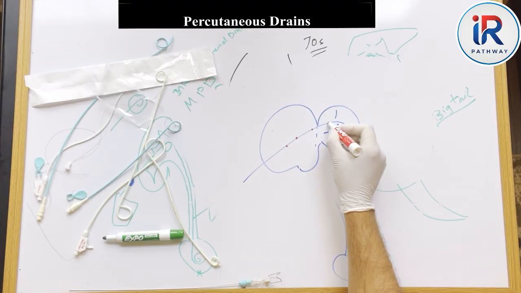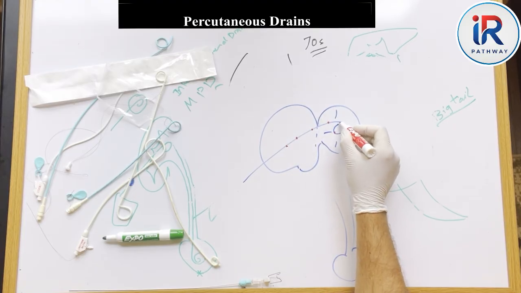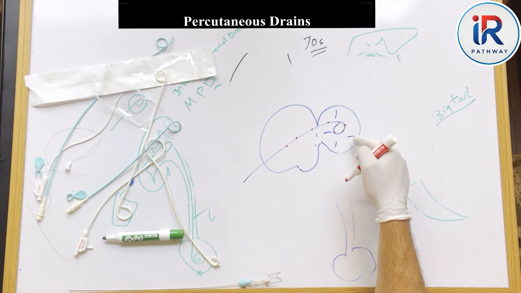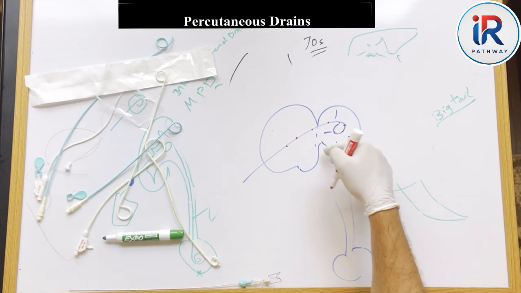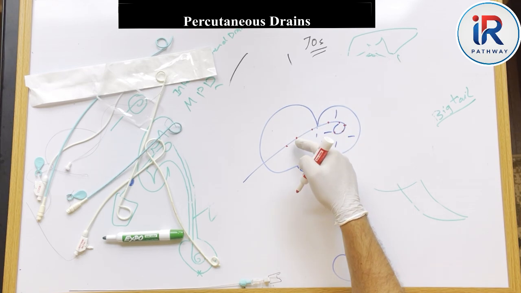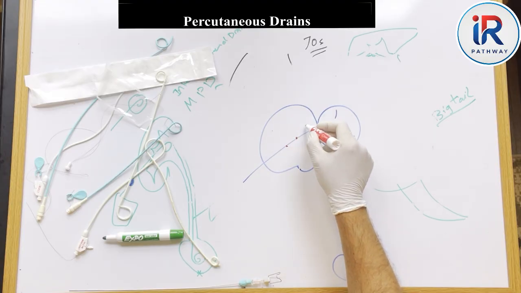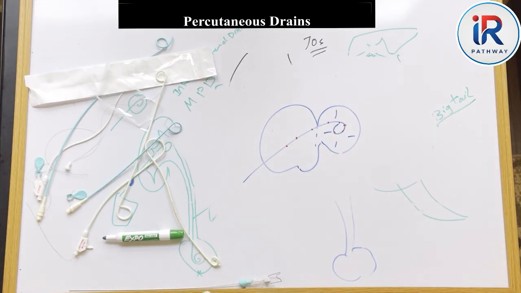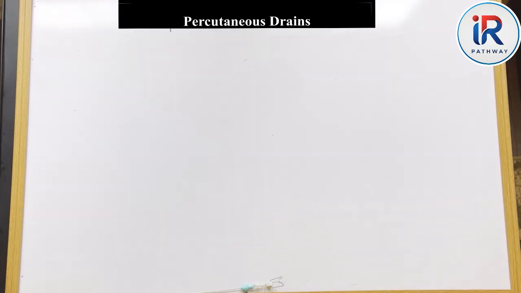And so the original holes drain the main cavity here, and the added holes help us with larger collections and can drain more collections at the same time. This is what we call the modified ABD or modified all-purpose drains. So if someone says modified drain, he means extra side holes were added.